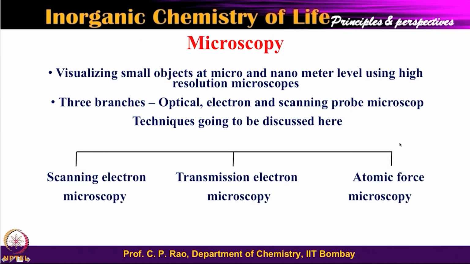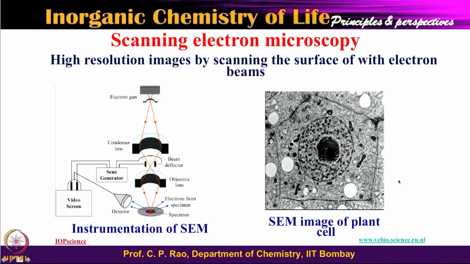Besides these things, we also have microscopy techniques where you can use scanning electron microscopy, transmission electron microscopy, atomic force microscopy. This can be used at a biomolecular level, this can be used at a cellular level, and you can see the SEM of the cell where it is showing all different parts of the cell, etc. you can identify.